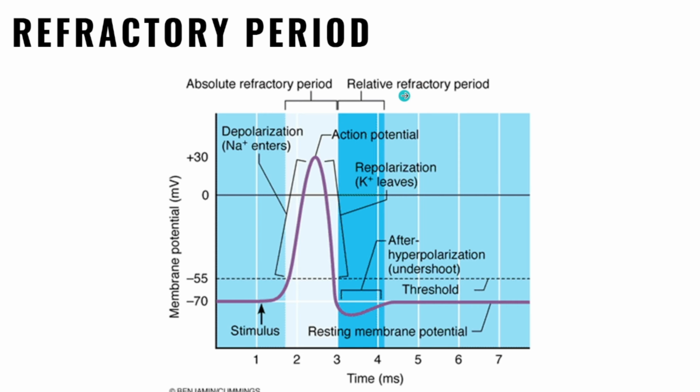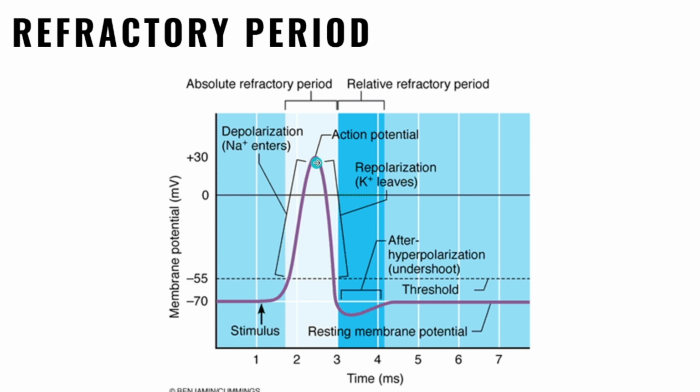There are two types of refractory period. The absolute refractory period cannot transmit another action potential no matter how great a stimulus is applied, because the voltage-gated ion channels are already starting to inactivate. Until their gates are reset, they cannot open again. Because here it is still open, right?